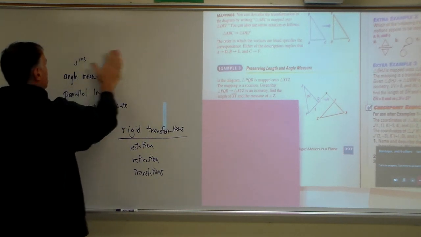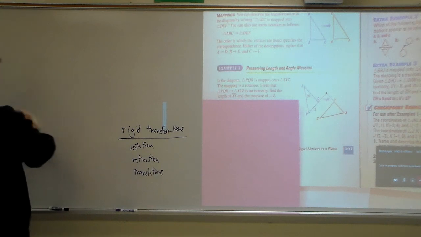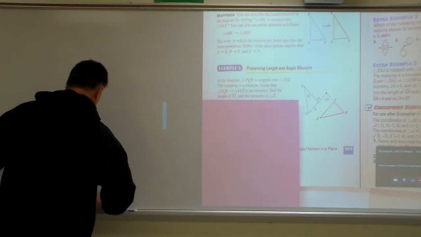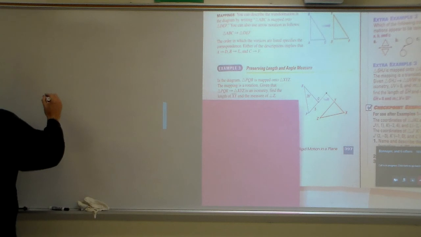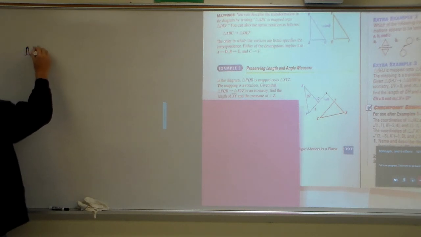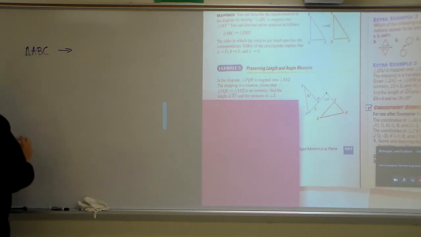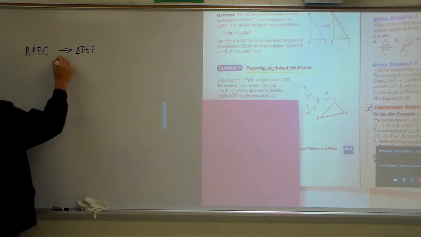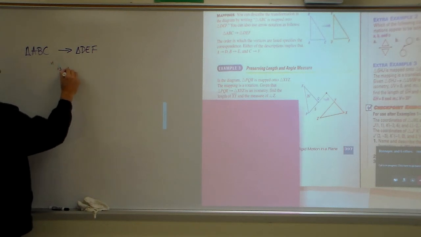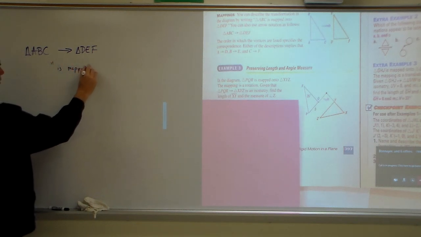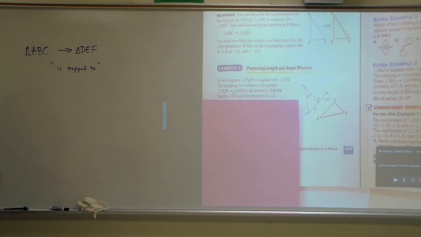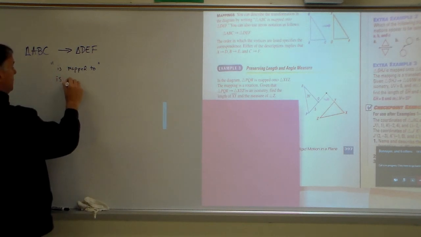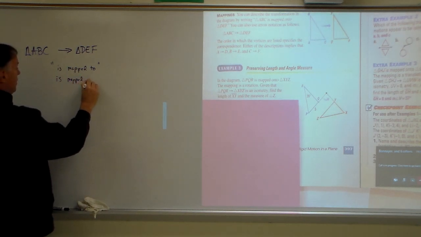if they gave you some notation that looks like this, where they say triangle A, B, C, and they show you an arrow like that, and then they say D, E, F, this is kind of like saying, is mapped to, or is mapped onto.